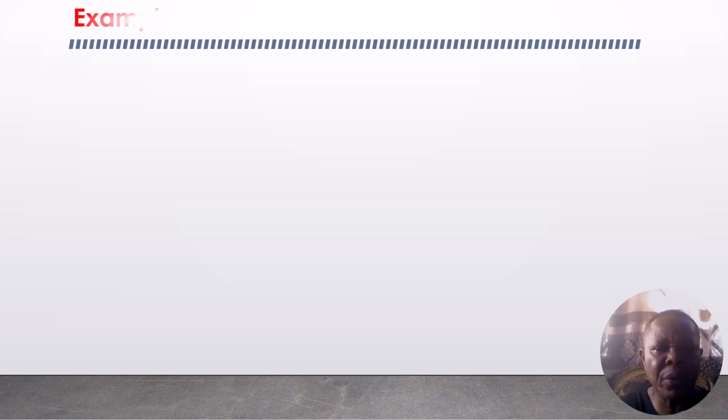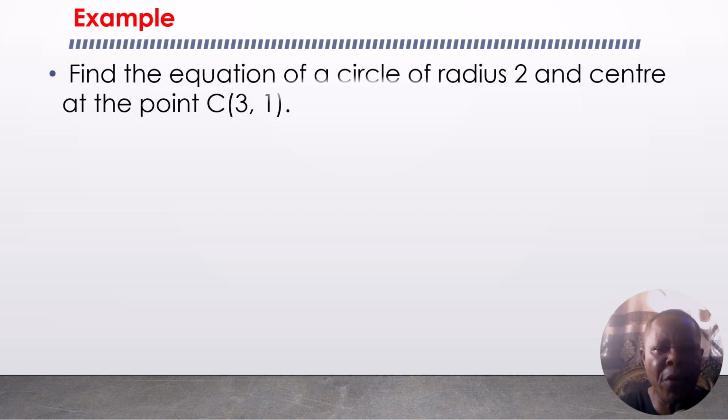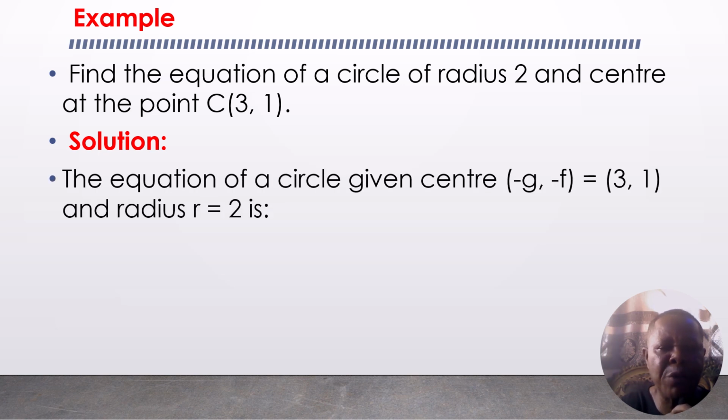Example: find the equation of a circle of radius 2 and center at the point C (3, 1). Solution: the equation of a circle given center (-g, -f) equals (3, 1) and radius r equal to 2 is (x plus g) all squared plus (y plus f) all squared equal to r squared.